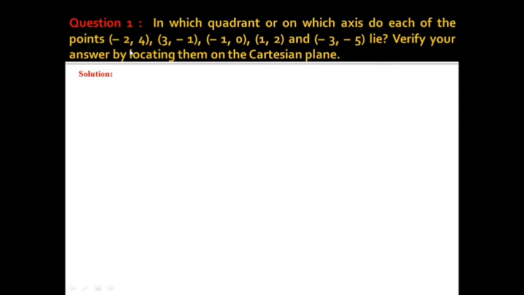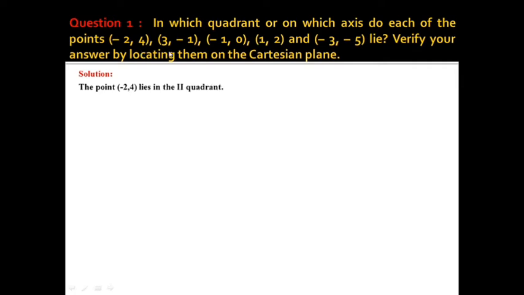So here minus 2 means x and 4 means y. When x is negative and y is positive, it means they lie in the second quadrant. Okay, so the point minus 2 comma 4 lies in the second quadrant.